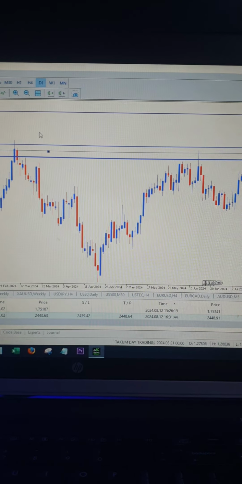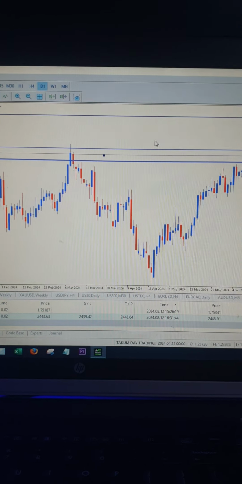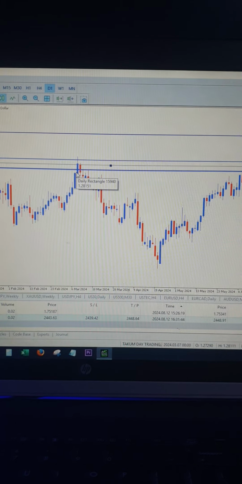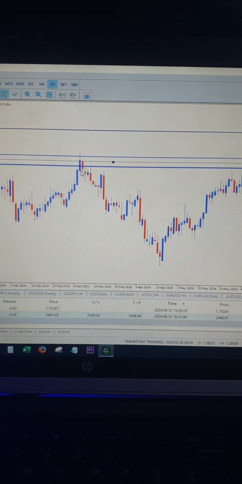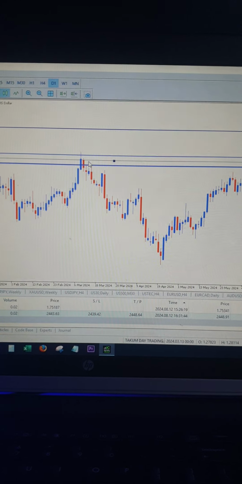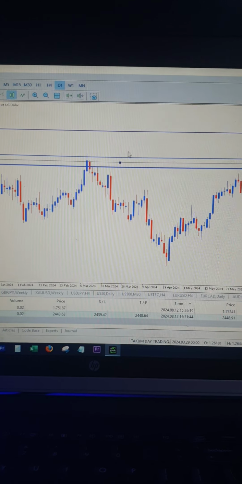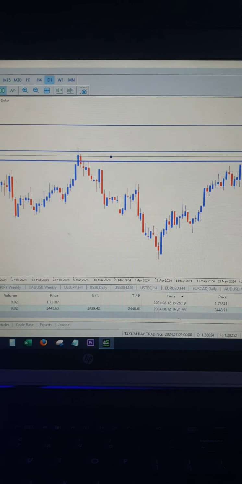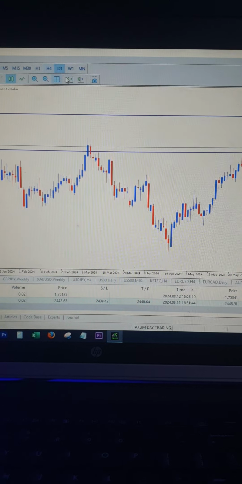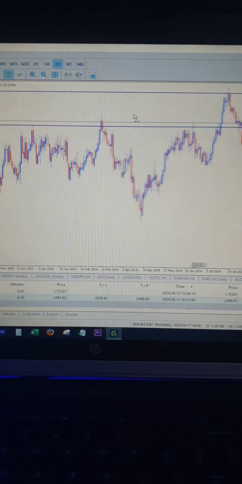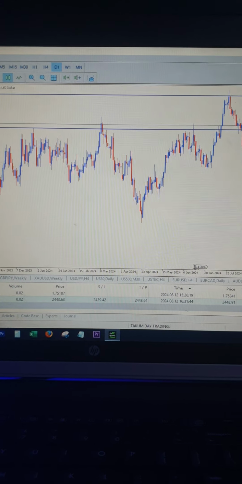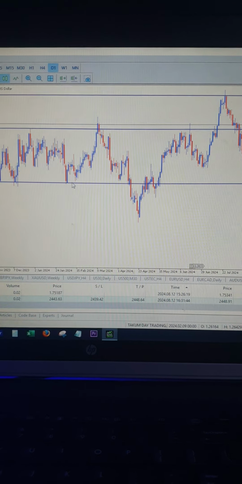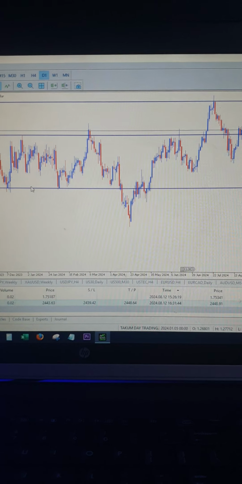But if we didn't consider this as a zone, and we say the support or the resistance level is just the line, we would think that the market has actually broken the line and it will be moving up, which is actually not the case. So we consider support and resistance as zones. I want to plot significant points where I believe the market is touching the line as many times as possible.